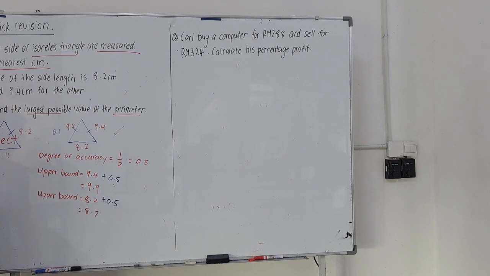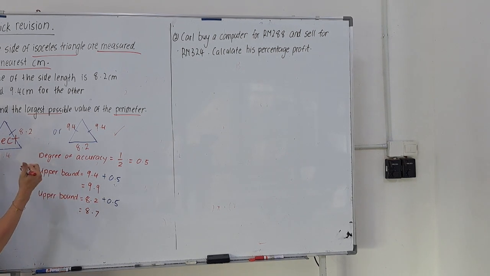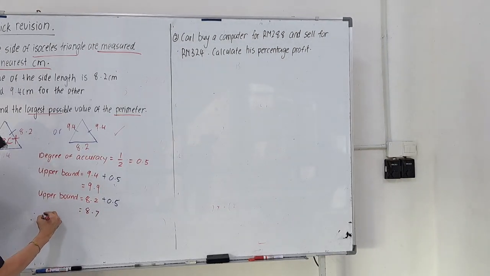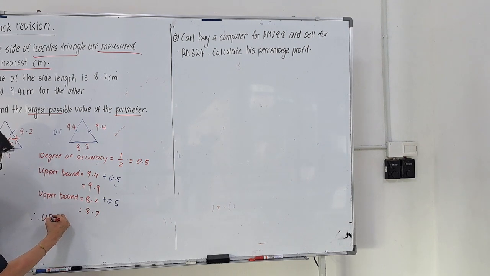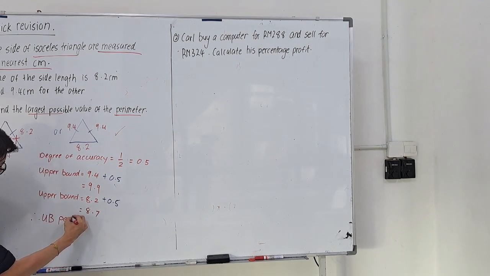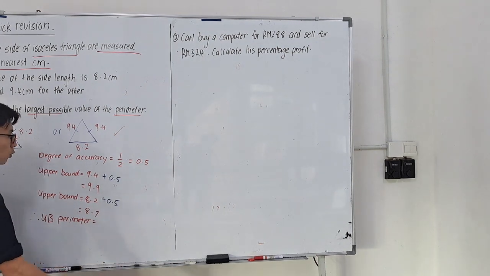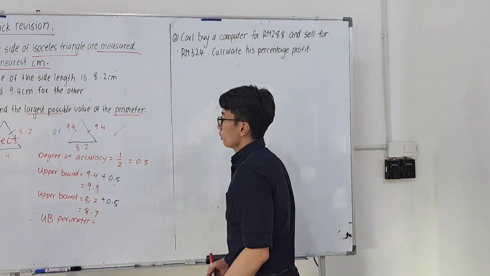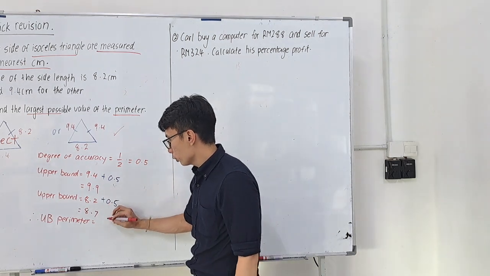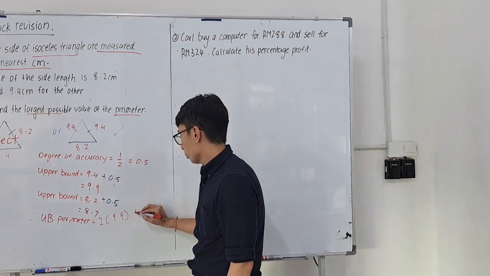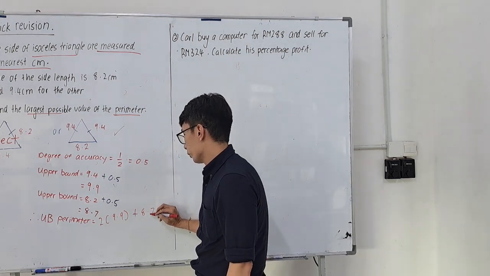So what can we find now? We want to find the upper bound perimeter. There are two of the 9.9 values, so I will say two of 9.9 plus 8.7.